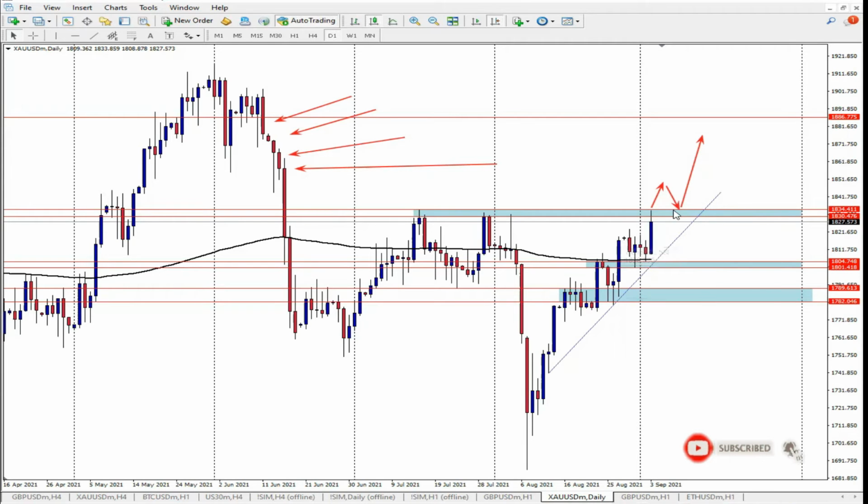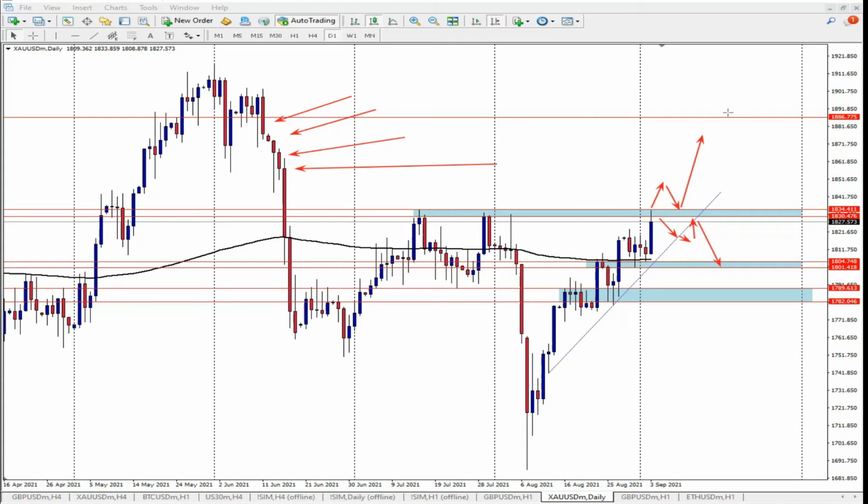So if it doesn't, our expectation will be for it to break this trend line, probably give us a retest, then target 1804. So on gold, we are having a dual bias, but we are just going to wait and know which one would be valid. So we are bullish when it breaks the 1834 and gives us a retest, probably on the lower time frame.